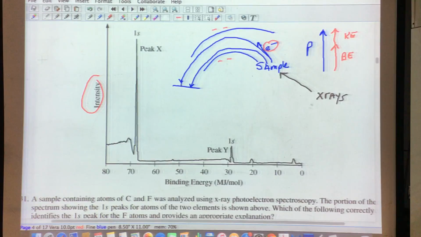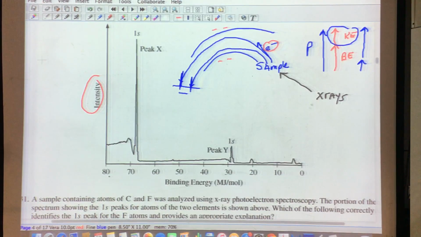We can measure how many are hitting the detector and the relative distances. But the bottom line is, the faster they go, the higher the kinetic energy, and the less the binding energy. If I've got something with a lot of kinetic energy with the same photon, the binding energy has to be less. So essentially what we're measuring is how much energy it takes to separate these electrons.